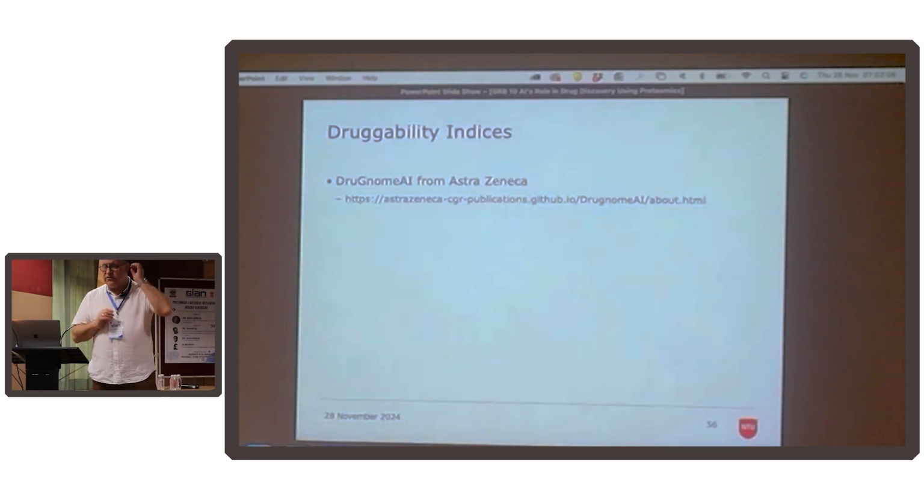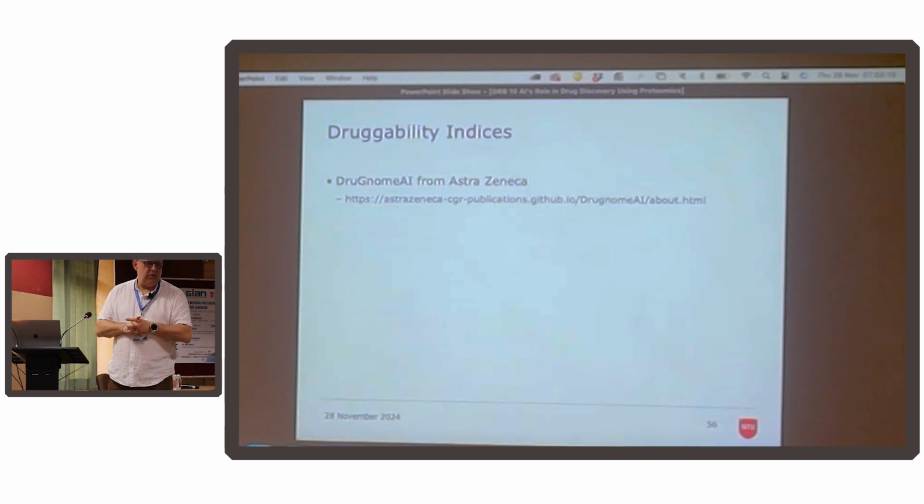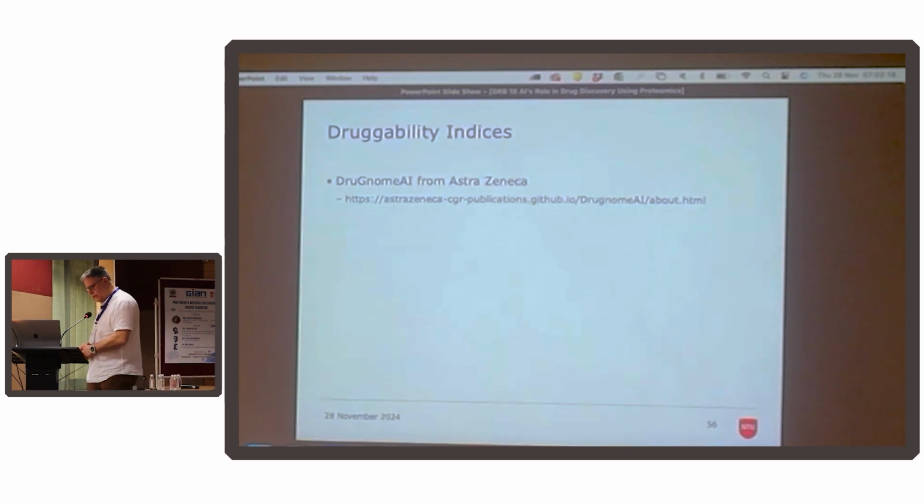So DGIdb is one example, but there's also a piece of software called DrugnomeAI. DrugnomeAI is from AstraZeneca, and it's a way of working out how druggable a small molecule is.